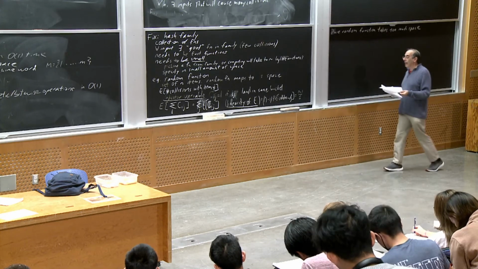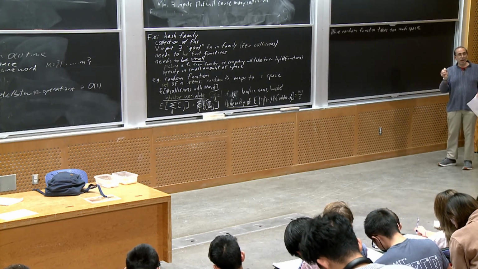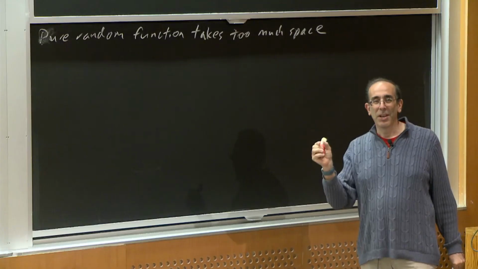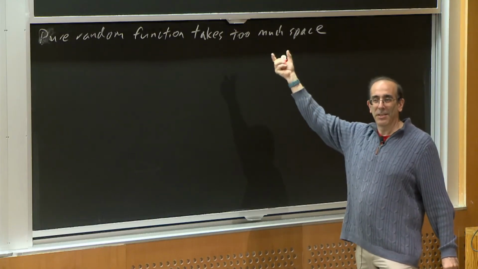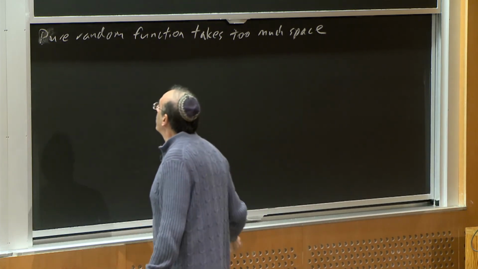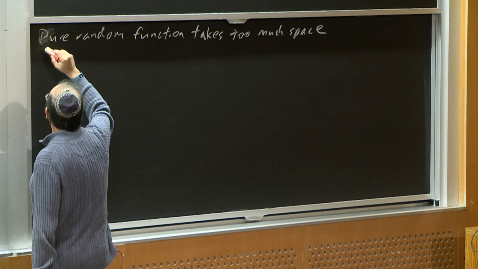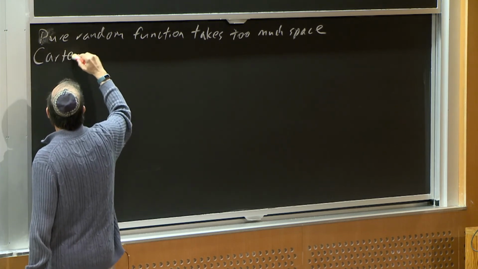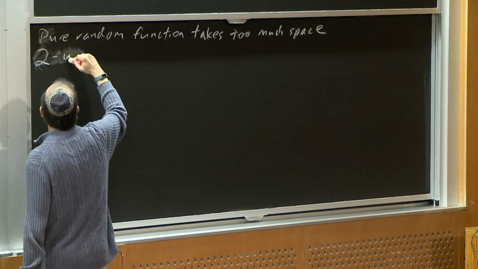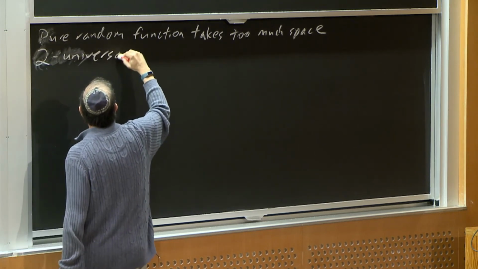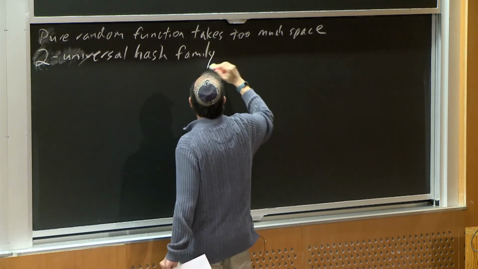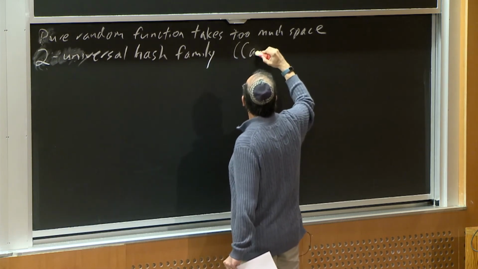But if you think about it, if I'm only writing down a couple of machine words, that's only room to describe a polynomial number of functions, not the exponentially many functions that exist. So we really need a small hash family. And Carter and Wegman introduced this idea of what they call a two-universal hash family, which has the characteristics that we want.